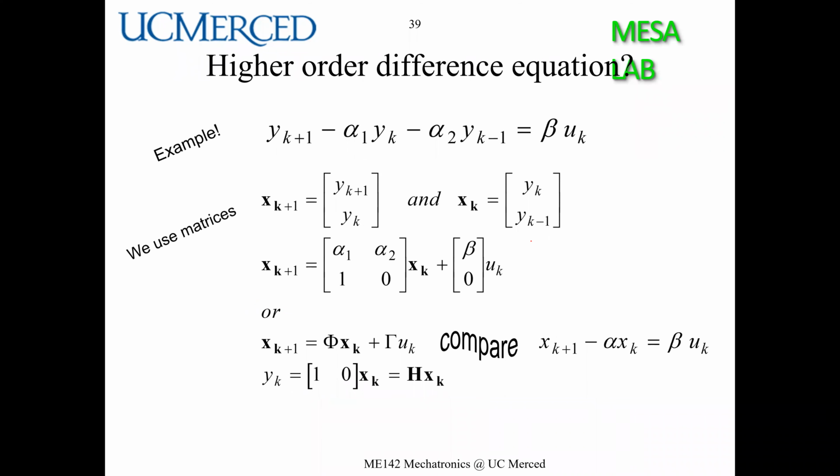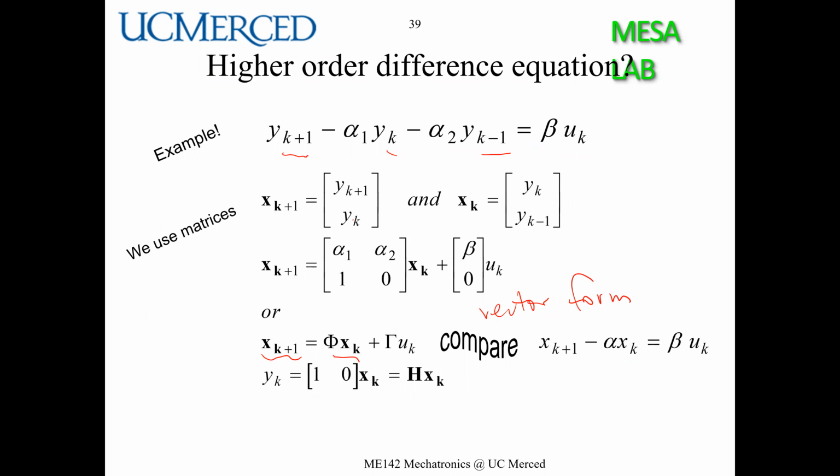But what if you have a second order? You can see this k plus 1, k and k minus 1. So this is already second order. You can write a second order differential equation in terms of first order differential equation in vector form.